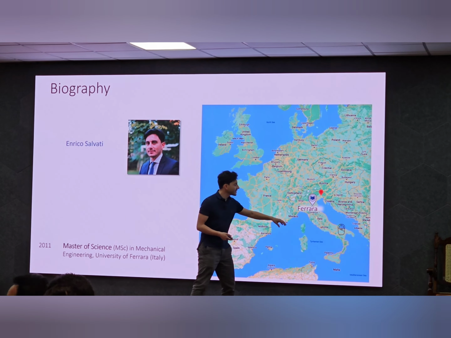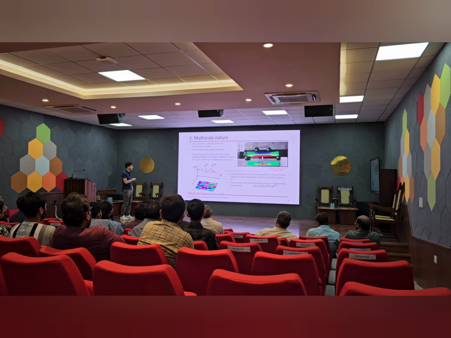Some concept of types of residual stress. So essentially, point-wise, in a specific point, the residual stress can be identified as the sum of these three types of residual stress.